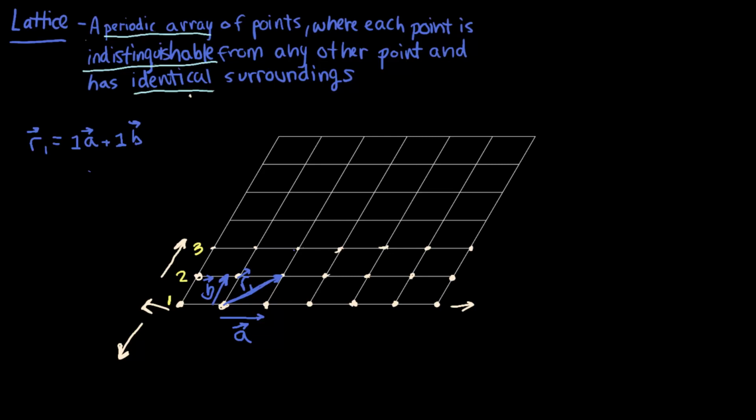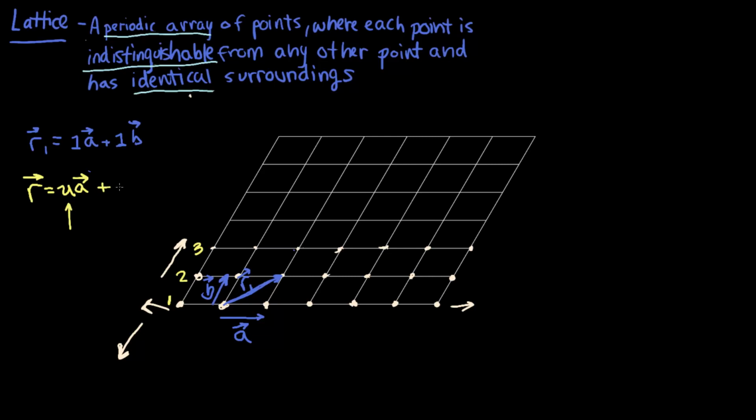We could define our general lattice translation vector once again. In the last video, all we needed was u times A, where u is an integer.